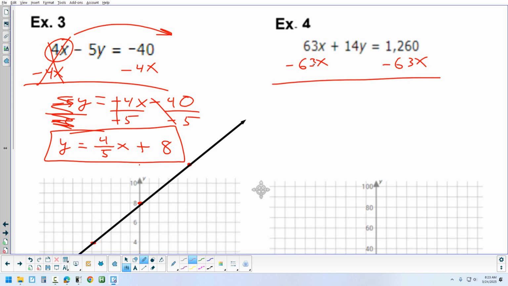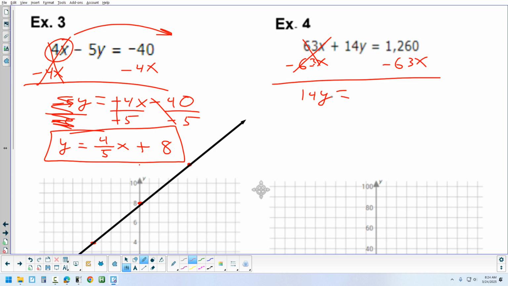And Ben, once you do that, can you tell me what will be on the left-hand side still? 14y. So this is gone. We got 14y. And what's going to be on the right? 63x plus 1,260. Okay, so we're definitely going to have a plus 1,260.